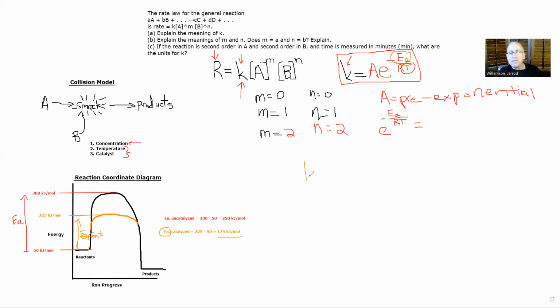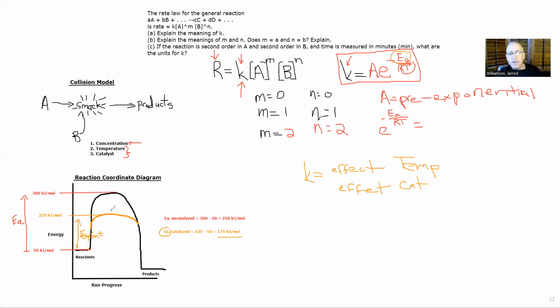So the rate constant K has buried in it the effect of temperature and the effect of whether or not you have a catalyst.